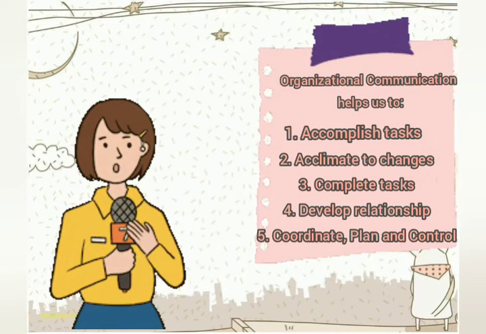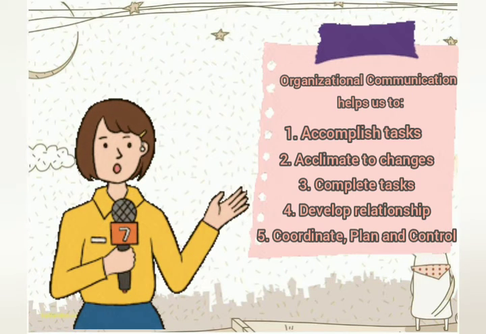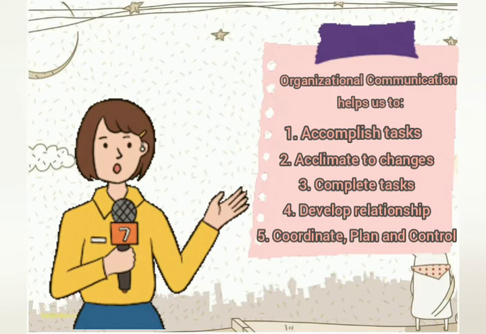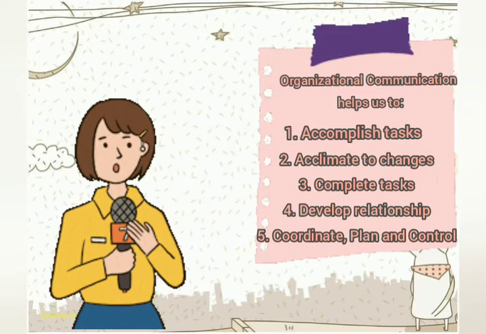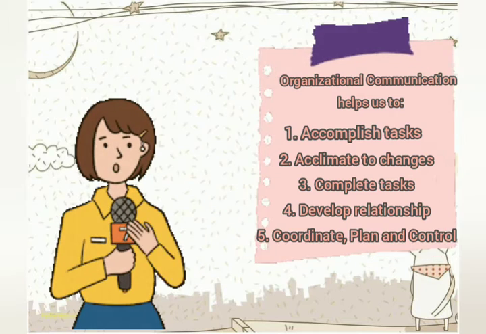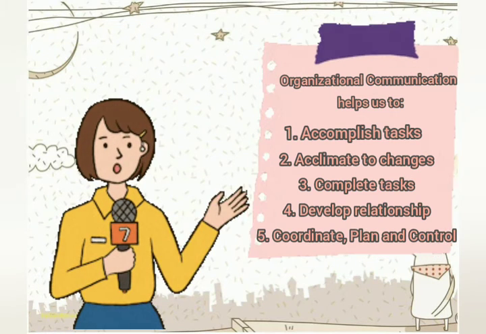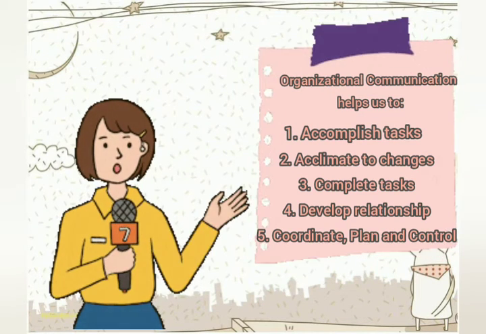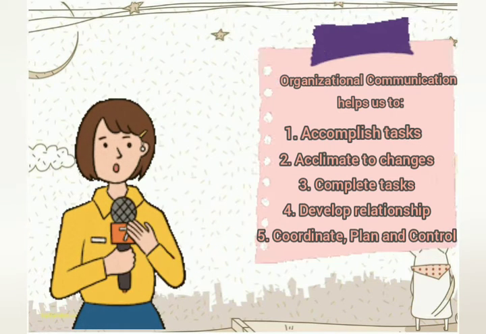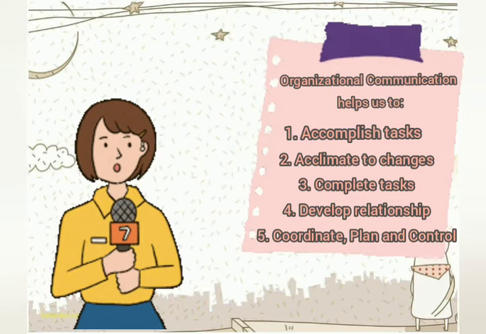The fourth one is to develop relationships, wherein human messages are directed at people within the organization, their attitudes, morale, satisfaction, and fulfillment. The number five is coordinate, plan, and control. The operation of the organization through management.